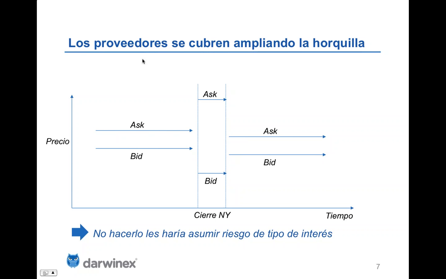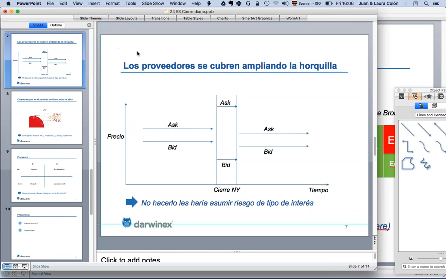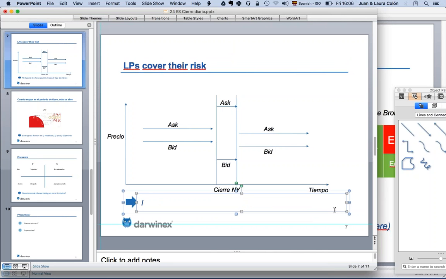From the point of view, oops, I've got a couple of slides which have gone lost. So LPs, what do LPs do in this case? Cover the risk. If you've got a risk which you can't hedge, then you just don't take it.